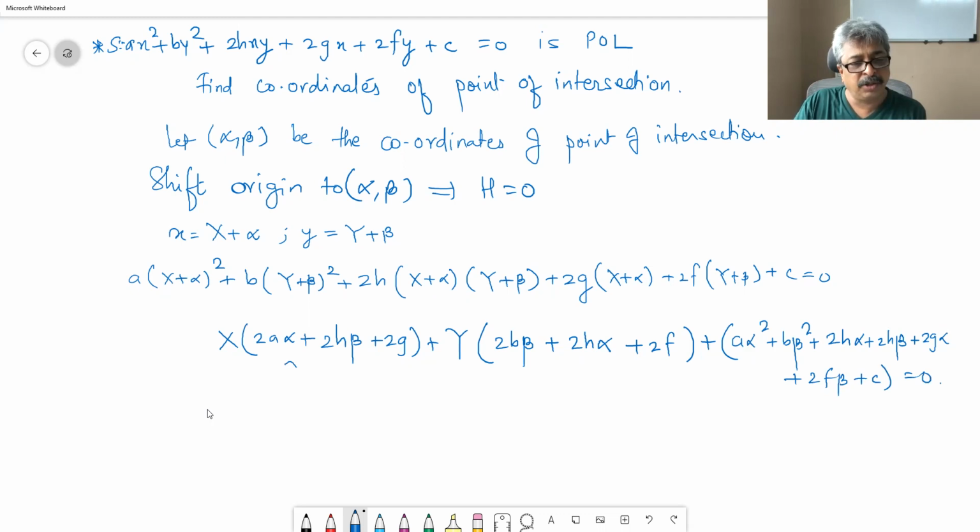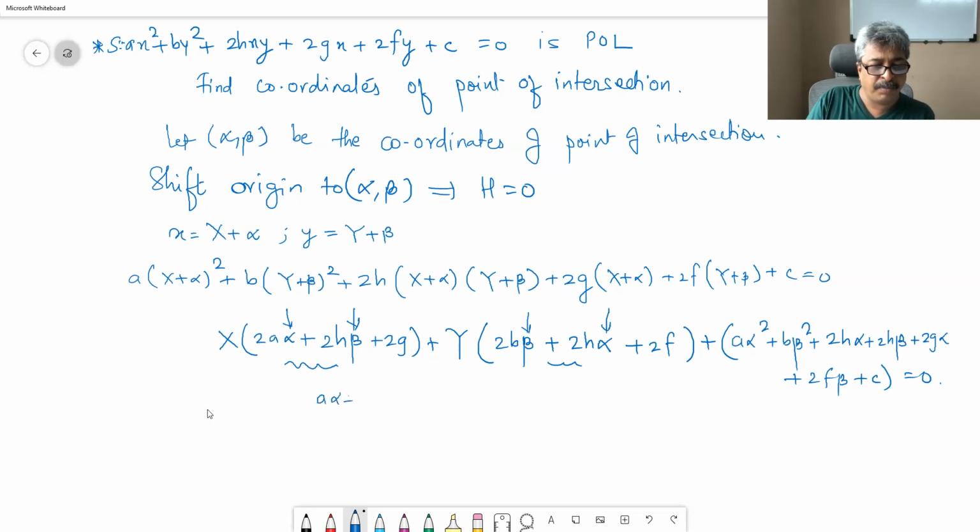Okay. Now the coefficient of x and the coefficient of y should be 0, and actually this term also should eventually be 0, but we have only two unknowns, so let us deal with these two unknowns and solve them simultaneously.